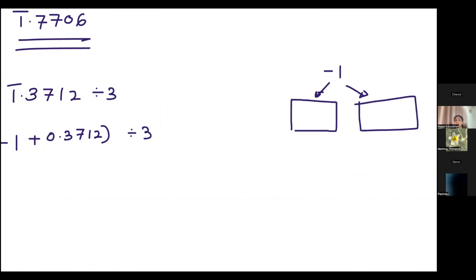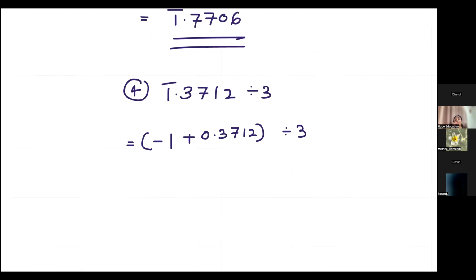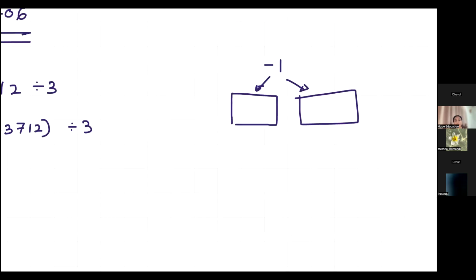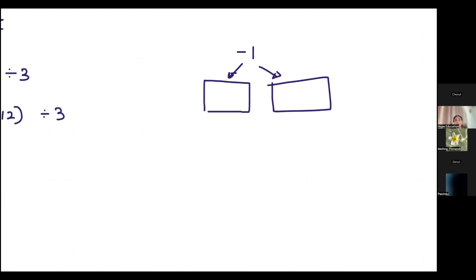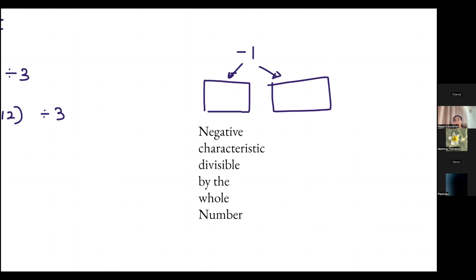Whenever you have a negative characteristic that is not perfectly divisible by the whole number, you have to break it down in such a way that you have a negative characteristic divisible by the whole number. And the other one should be a positive characteristic.